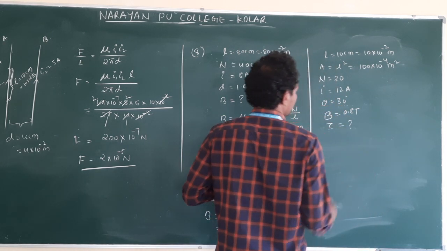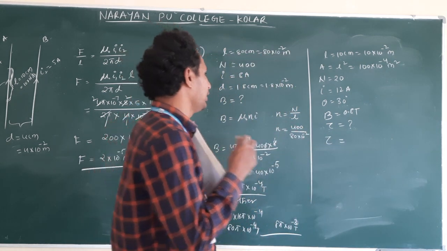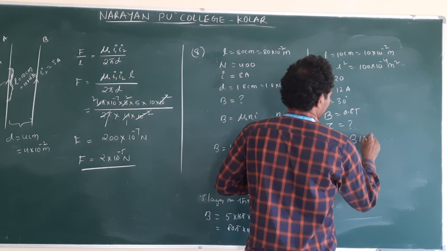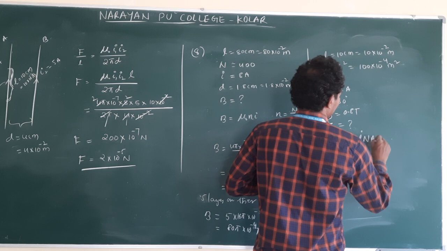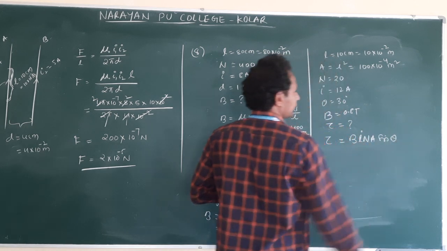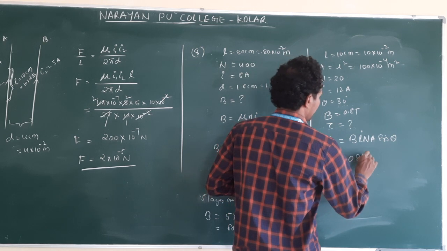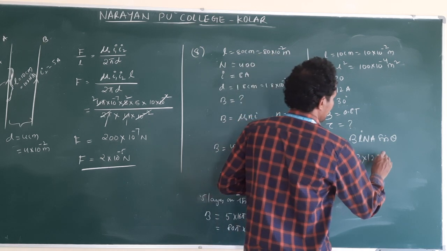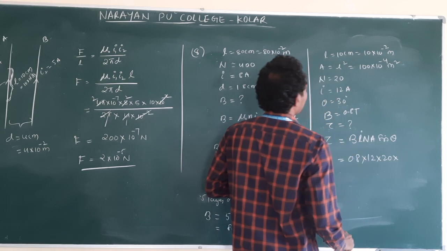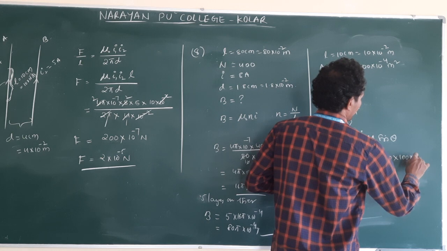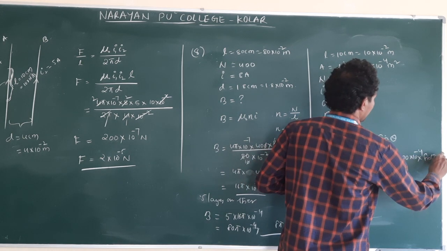Tau they asked. Now what is the tau formula? Torque experienced by the coil is B I N A sin theta. Now B is 0.8, current 12 amperes, number of turns 20, area 100 into 10 power minus 4, sin 30 degree.